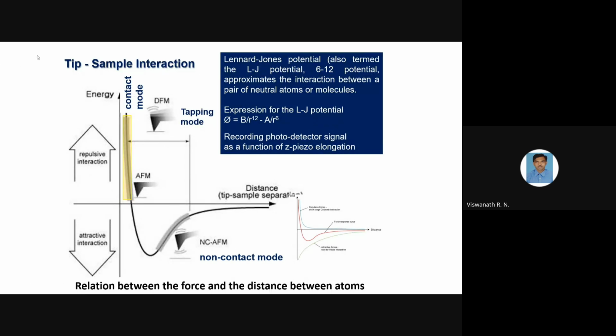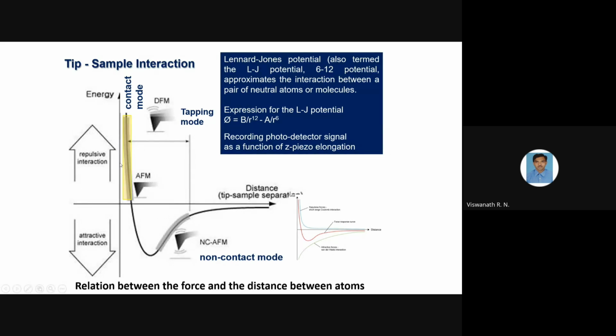When the tip comes closer to the surface, there is an attraction, and attraction is negative energy. At equilibrium, the energy is at a minimum, there is no more interaction, and then it starts to repel. So initially zero, attraction, equilibrium, then repulsion.